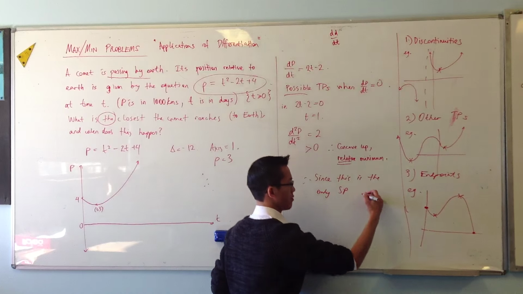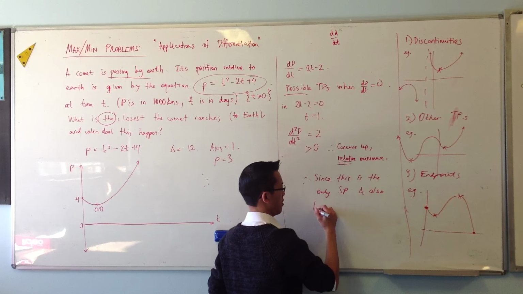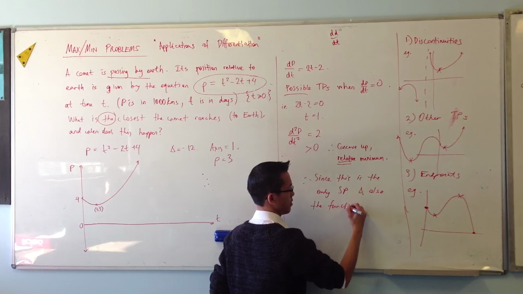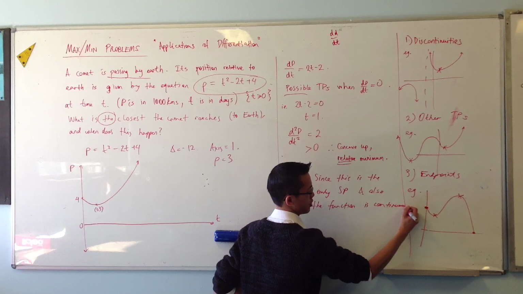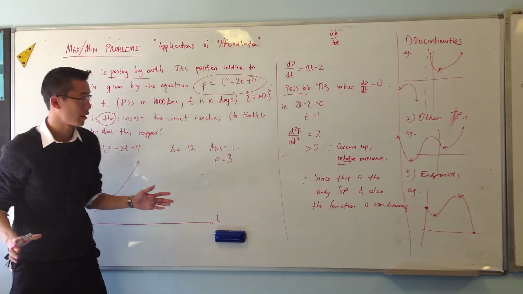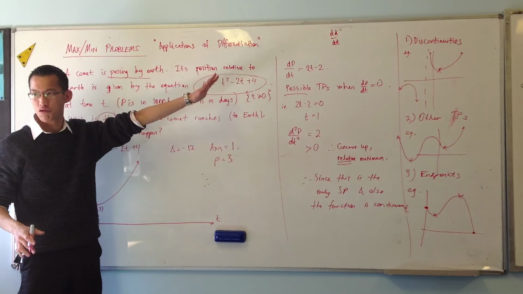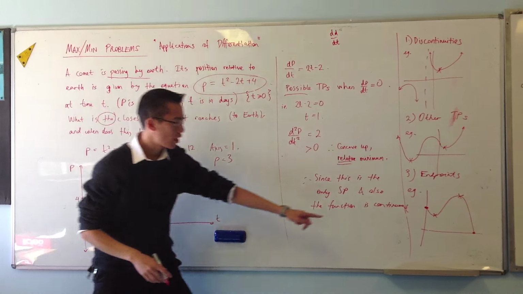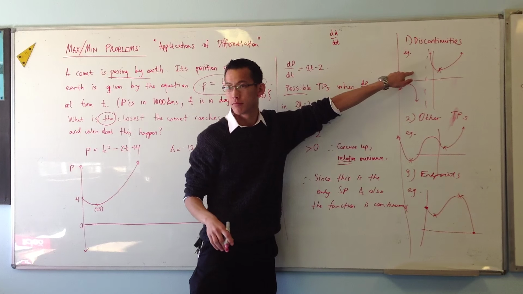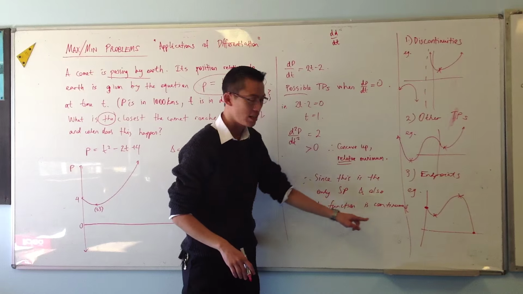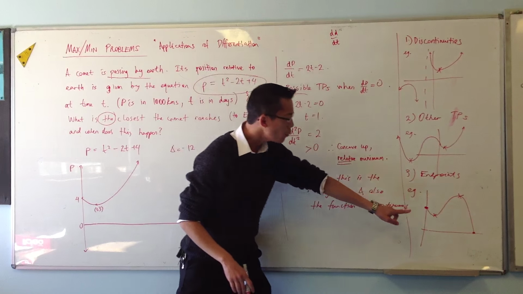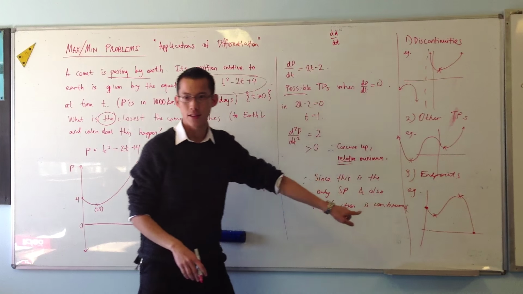And also, the function is continuous because, sure enough, this is just a parabola. There are no breaks in it, so I can say, yep, it doesn't stop and start at any point. So here, I'm trying to get away from this problem. Since this is the only stationary point and also the function is continuous, now, what would I say to get over this?